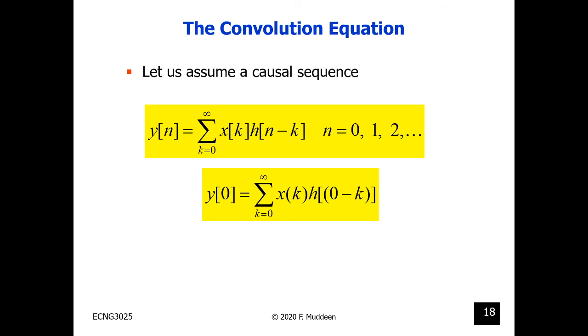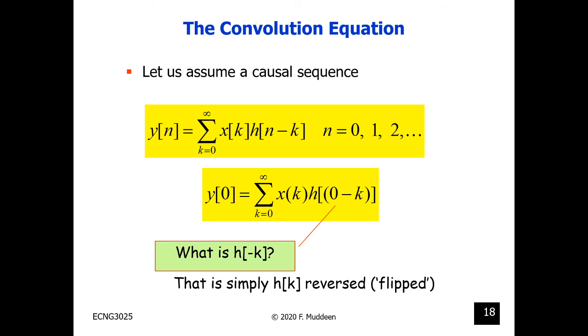The question here that we're going to ask is what happens when h of minus k, what do we get this value as? And this is basically if we take h of k here and we just reverse the signal accordingly.